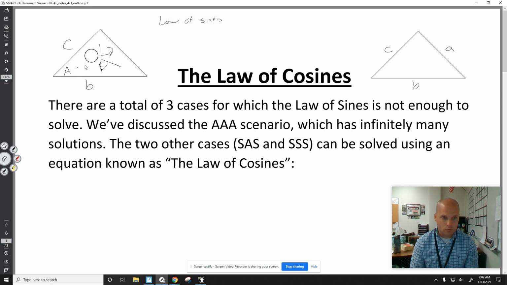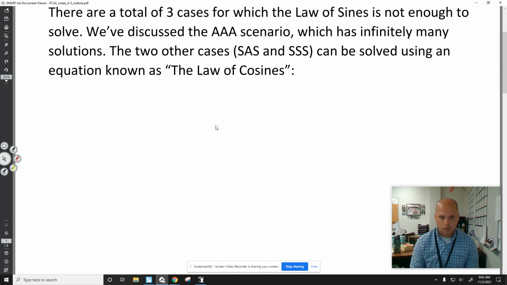Okay, and this is a new kind of law, the law of cosines. I'm going to show you where it comes from. And it actually comes from the Pythagorean theorem. Okay, so here's a triangle, and I'm going to call this A, this is B, and this is C. And like we did with the law of sines, I'm going to split this into some right triangles.